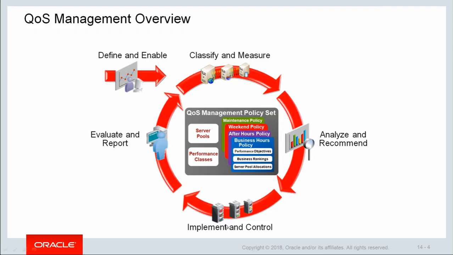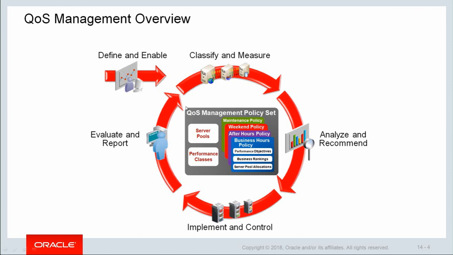And we as administrators, if a recommendation is acceptable in our environment, can implement it. So a recommendation may be, okay, we need to allocate more resources to one of the server pools to eventually improve the performance of a service running in that environment. If that is acceptable, you can implement it, and you can finally review the result. So that is the Quality of Service management.